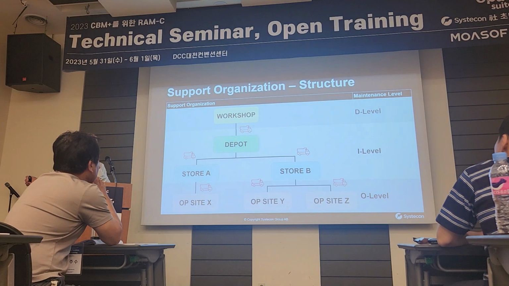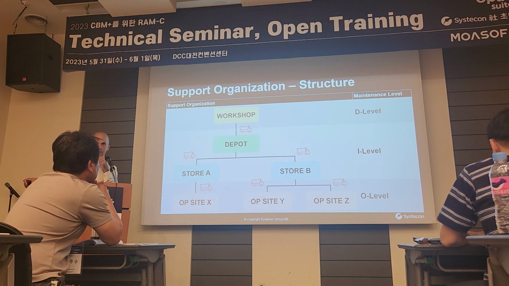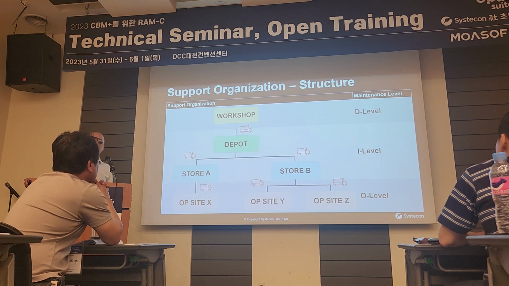You remember when we made the maintenance tasks, we talked about maintenance levels, what kind of complexity a certain task requires. And this is something that we also assign to our maintenance organization. Each station needs to have a certain maintenance level.